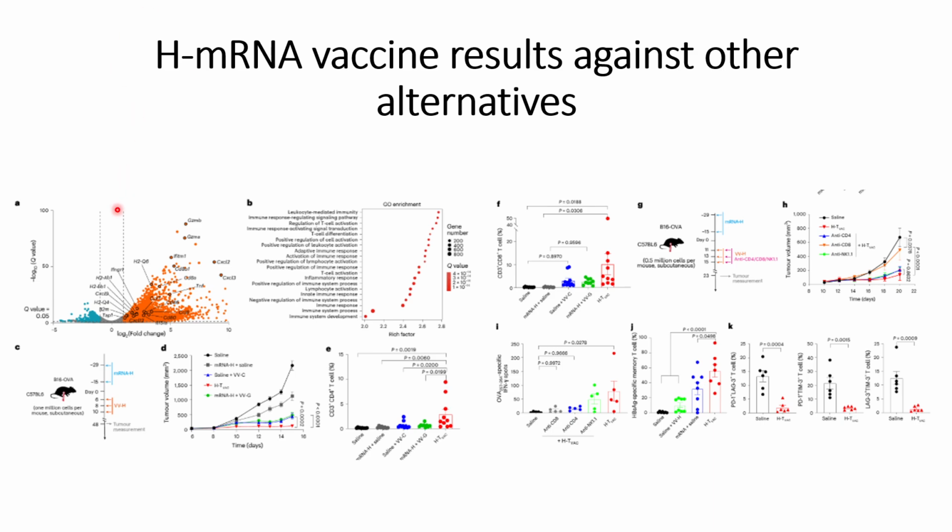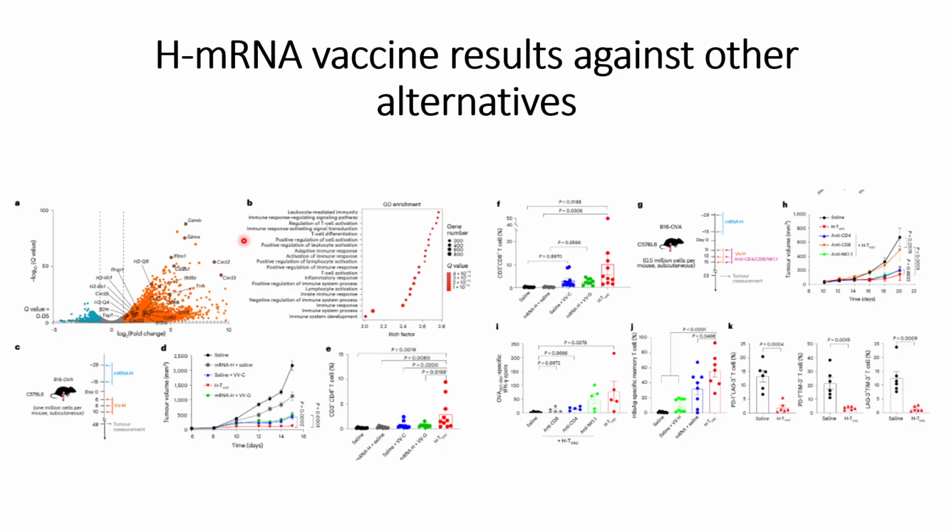After 30 days they checked whether there is a change in the RNA expression between the mice initially treated with H-mRNA and the mice not treated with H-mRNA, and they saw that most of the genes are upregulated and some of the genes are downregulated.